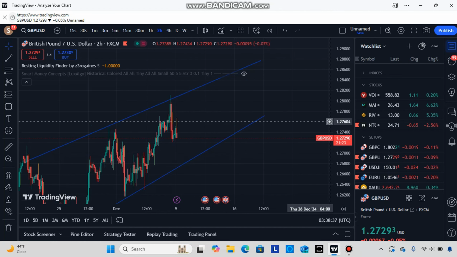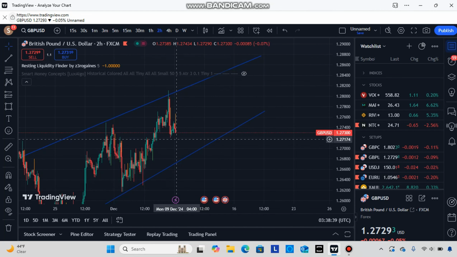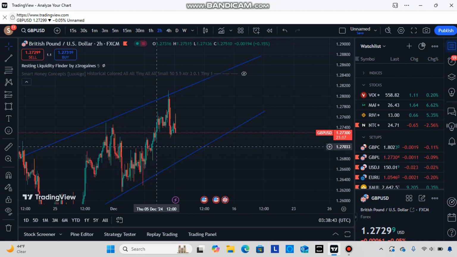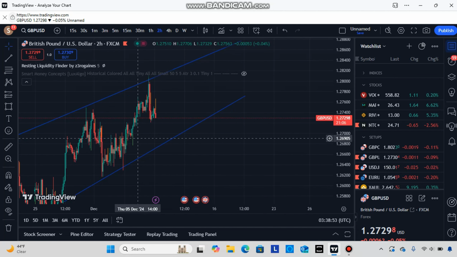How I trade with my supply and demand, if I'm looking for buys on the 30-minute, I will wait on the green candle leaving the zone in an uptrend, and it closes in an uptrend, then I'll buy. So that's basically the reaction.